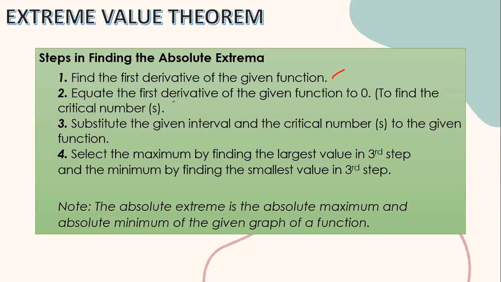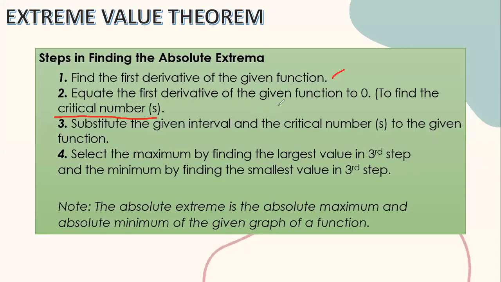Okay? So equate the first derivative of the function to 0 to find the critical number. So yun pala yung sinasabing critical numbers. So sabi kanina, 'di ba, pwedeng mag-occur yung maximum and minimum dun sa A tsaka sa B, okay, sa endpoints or sa critical point. So yun pala yung critical point. Doon natin mahahanap after natin i-equate yung first derivative to 0.